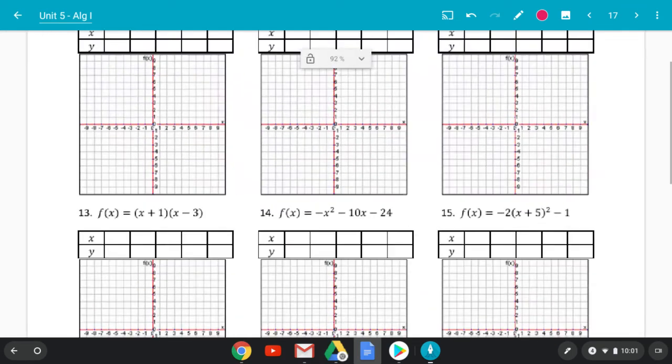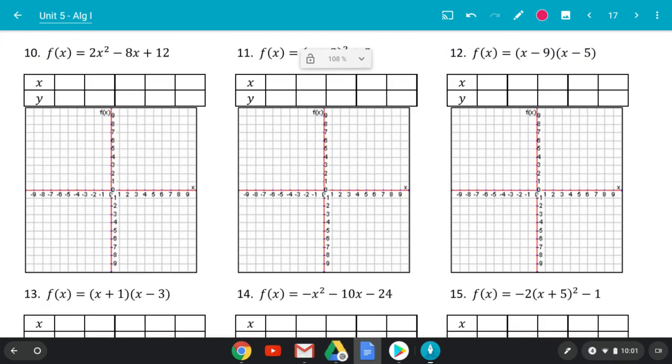On the back side of the page, number 11. Number 11 is in vertex form. My vertex quickly is -2, 3. I'm going to plot that. I'm going to use my A value, which in this case is 1. So go up 1 over 1, up 1 over 1. So that gave me the values -3, 4, and -1, 4. And the next values I'm going to use are 0 and -4.